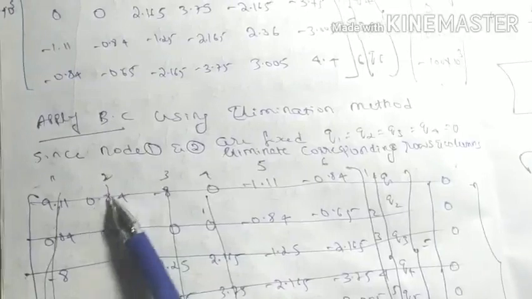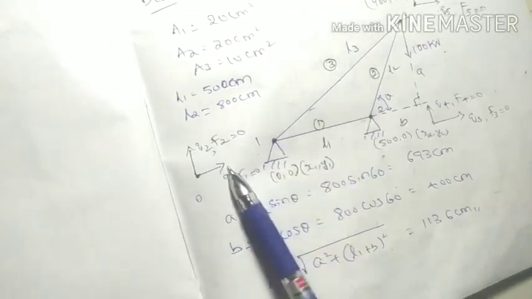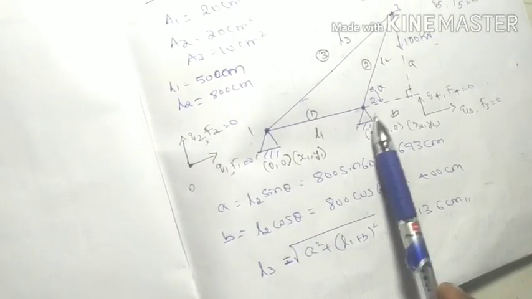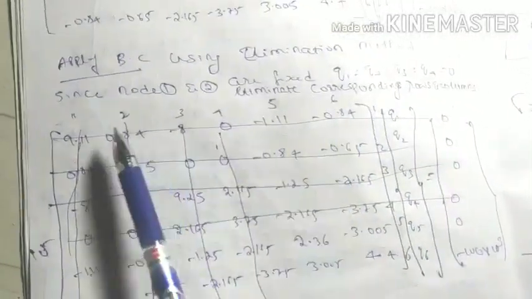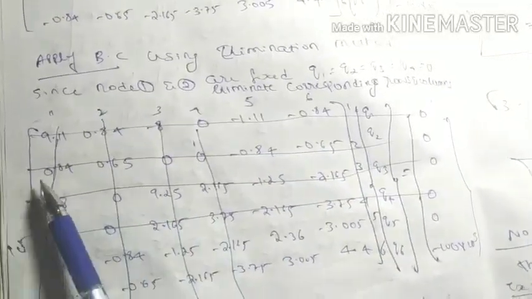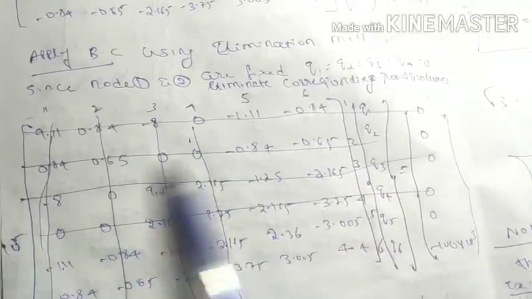Now boundary condition, as usual procedure, using the elimination method we are going to apply. Since here node 1 and node 2 are fixed, there is no transverse movement as I told, therefore Q1, Q2, Q3, Q4 are 0 only. Therefore eliminate the corresponding rows and columns: first row, first column, second row, second column, third row, third column, fourth row and fourth column.